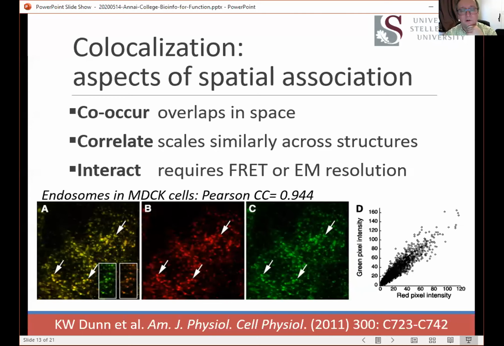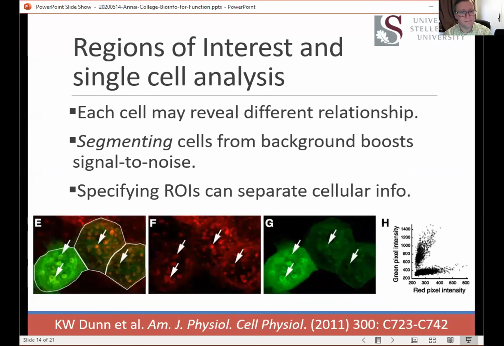There's a fluorescence-based technique called FRET that can allow us to put one dye on gene red and one dye on gene green, and only when those products come together within a few microns do you get fluorescence. That's the FRET technique. You might also use electron microscopy to establish that. But generally speaking, if you're using standalone dyes on gene products, you can establish correlation, but getting to interaction is a lot harder to claim.